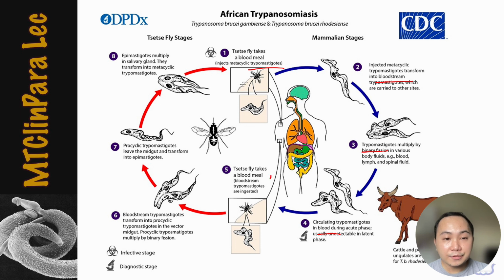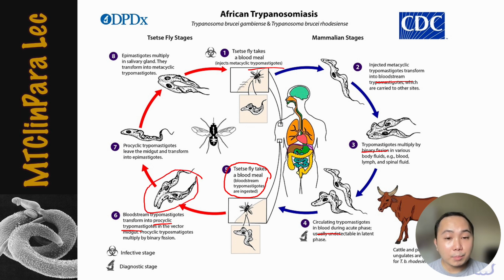So the tsetse fly takes a blood meal which harbors the trypomastigote present in the bloodstream. Now, the trypomastigote will transform into procyclic forms. Okay, these are the forms that are usually seen in the vector. And the procyclic form or trypomastigote will multiply again by binary fission.